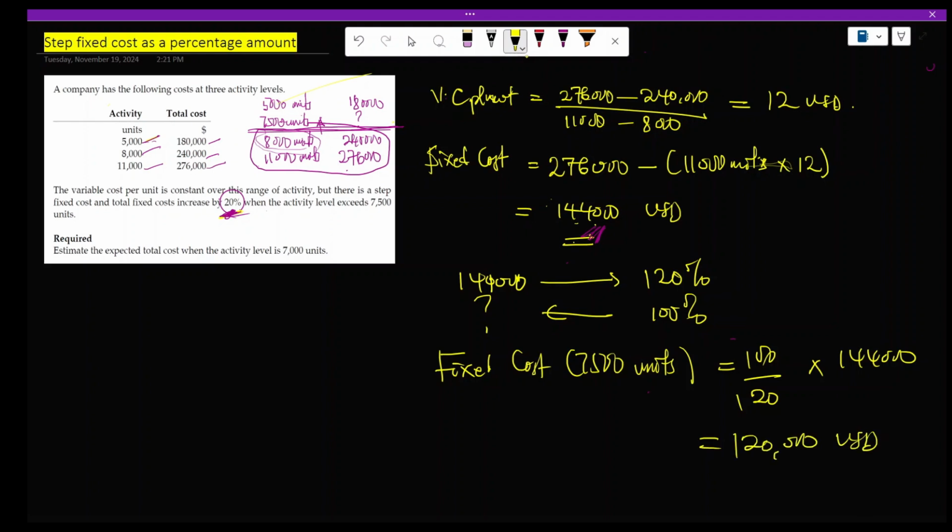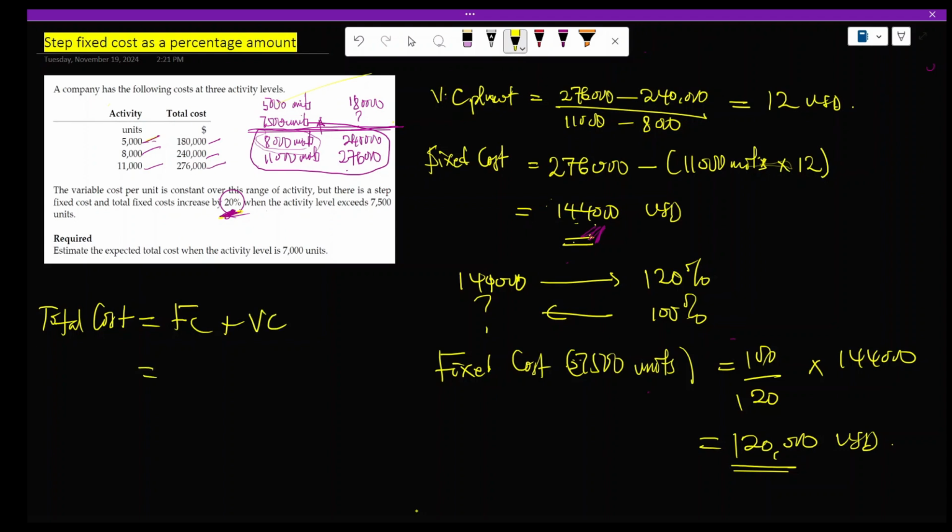And that is going to give us 120,000 US dollars. Now the question is saying to estimate the expected total cost when the activity level is 7,000 units. Now we know that this 120,000 is the fixed cost associated with 7,500 units and below. And so the total cost is equal to the fixed cost plus the variable cost.